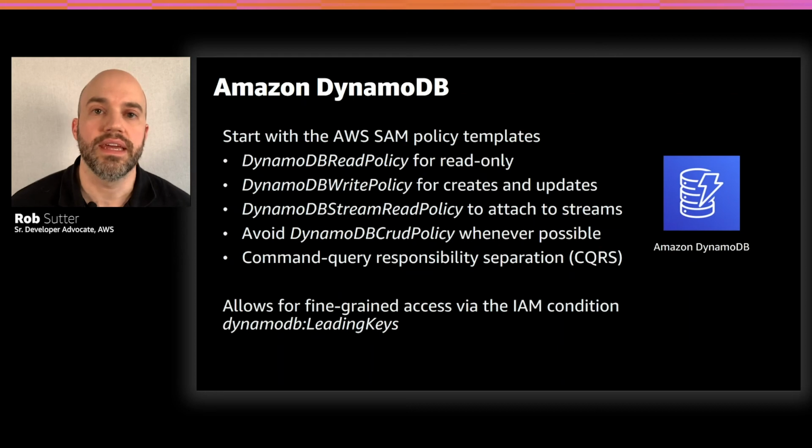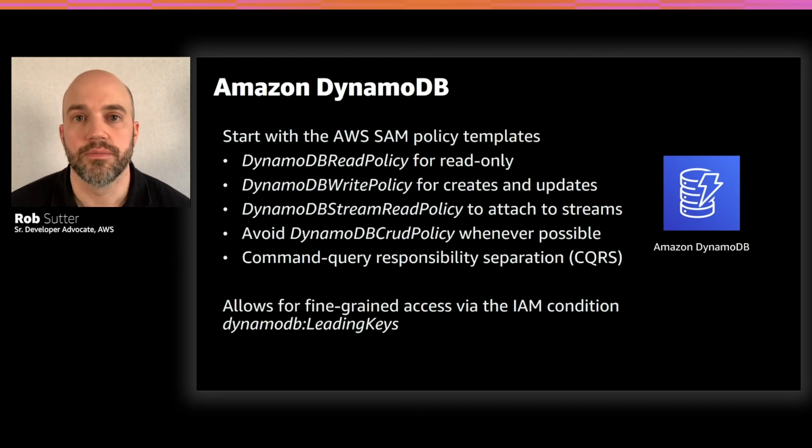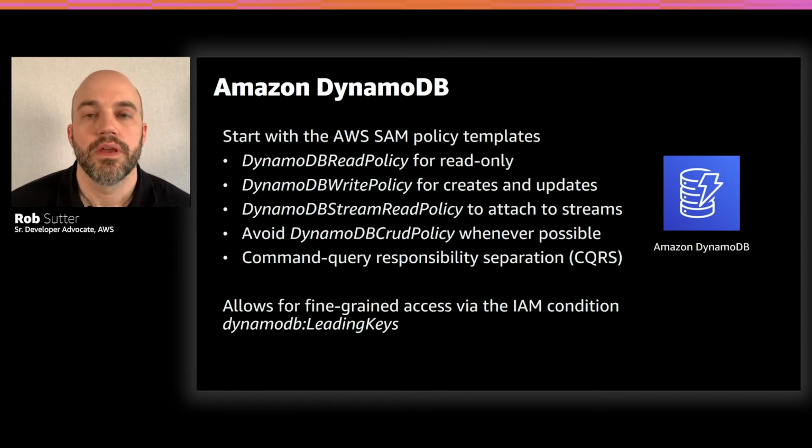Only I can read financial information from this database, and I can only read it when I'm logged in to my account. You can also use it for data classification levels. You can check a user's classification level, and if they're authorized to access confidential information, you can grant access to information flagged with confidential in an item.